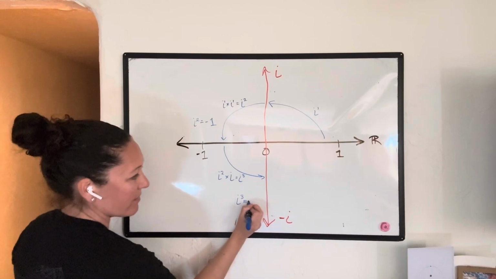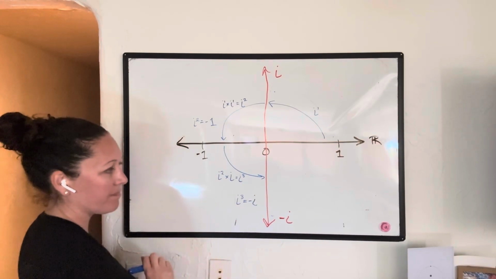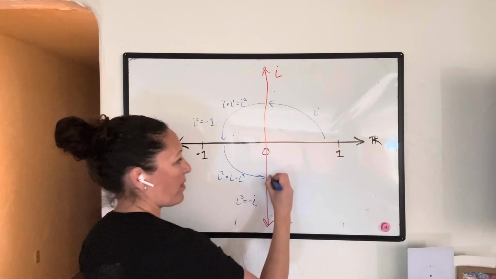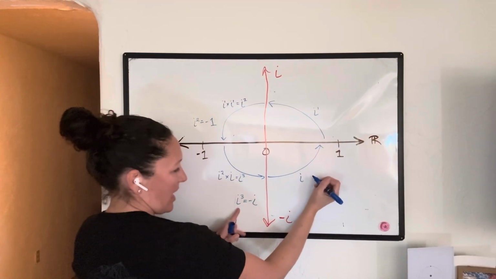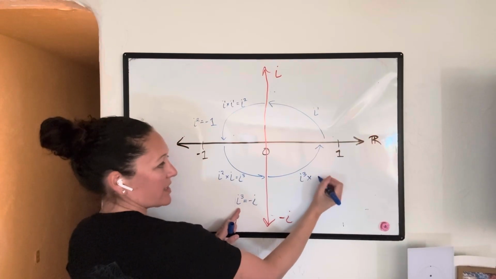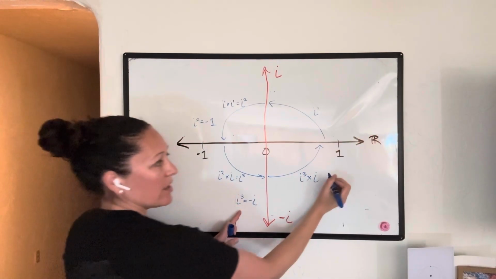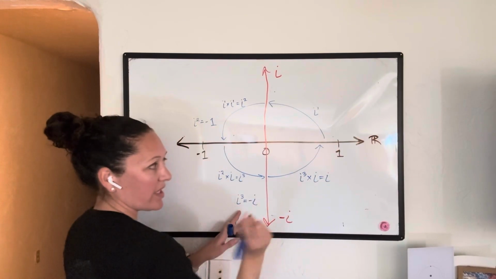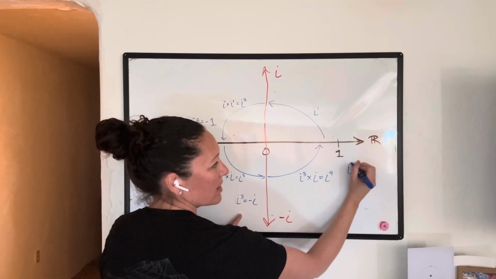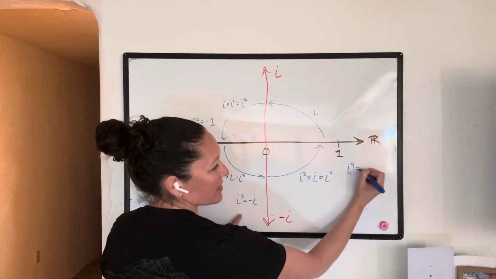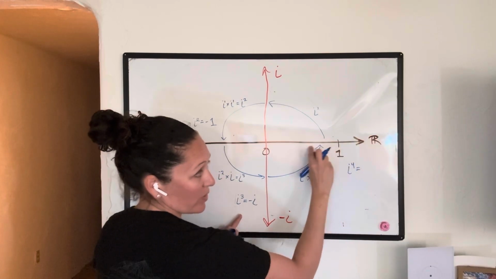I'm at -I. If I go by another rotation of I, that's my I cubed times an additional I, which is I with an exponent of 4. So I with an index of 4 is, I'm back to the real number line, I'm back to 1.